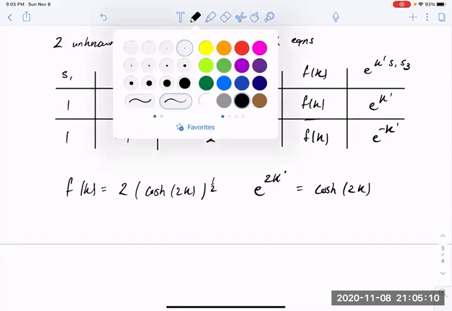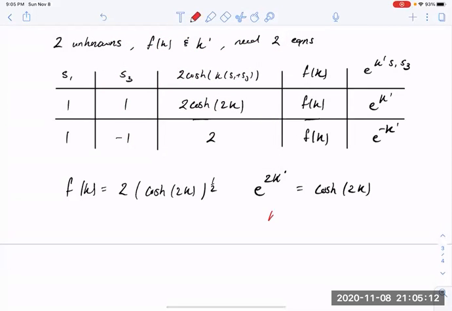We would call this k being renormalized. By integrating out half of the spins, we find a k prime, which is now different from the k that we started with.